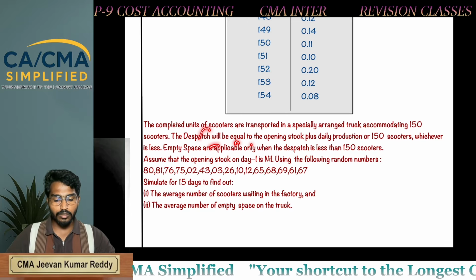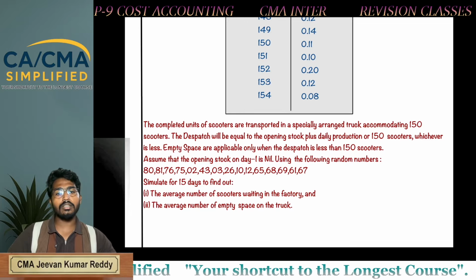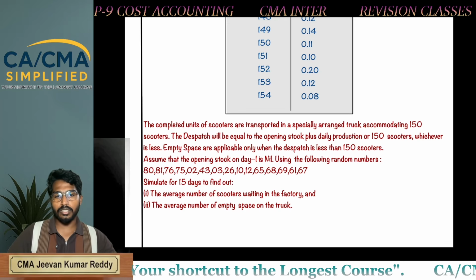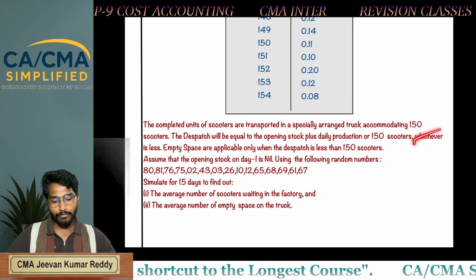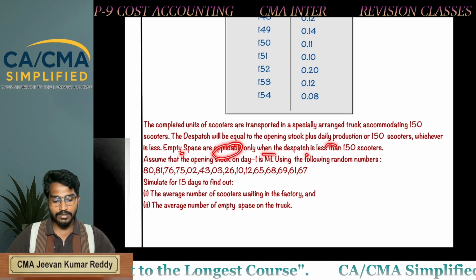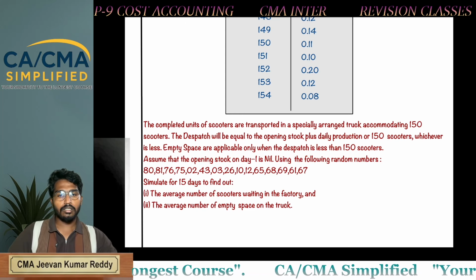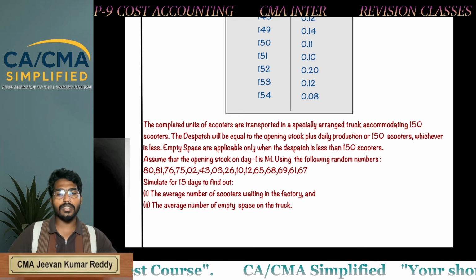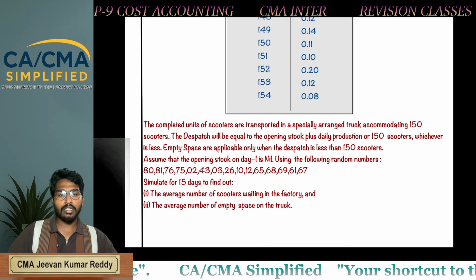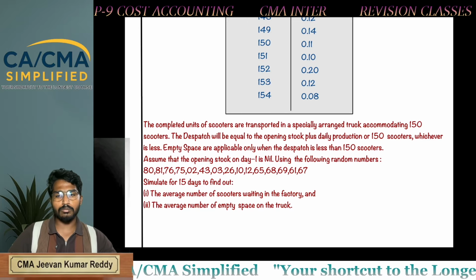The dispatch will be equal to opening stock plus daily production, up to 150 scooters. Any scooters left in the closing stock will be dispatched next day as opening stock. Empty space applies only when the dispatch is less than 150 scooters, that is, when opening stock plus today's production is less than 150.